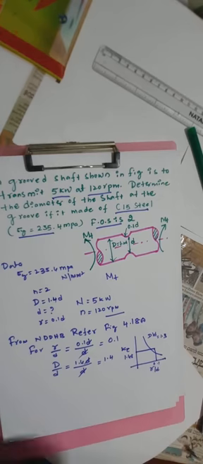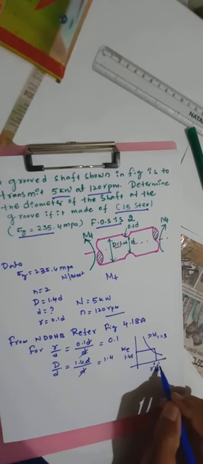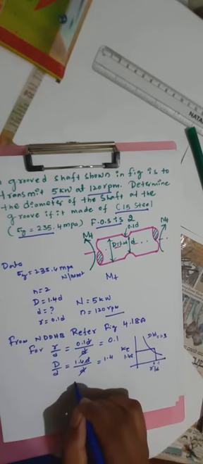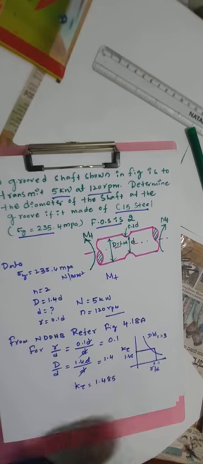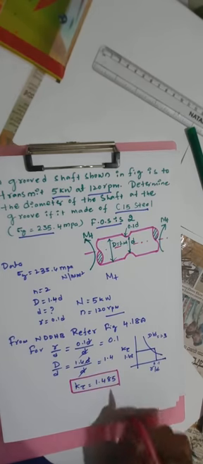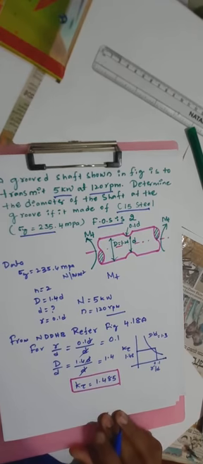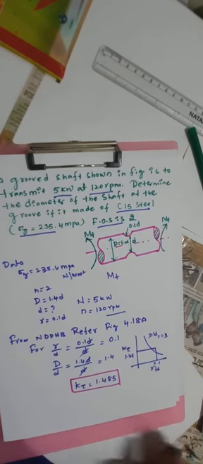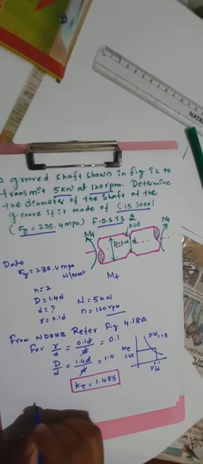So k tau is equal to 1.485. This is the theoretical stress concentration factor, found with the help of the r by d as well as D by d ratio.